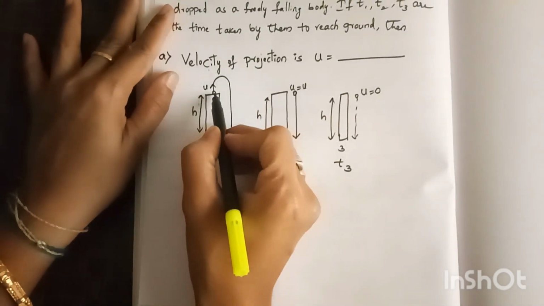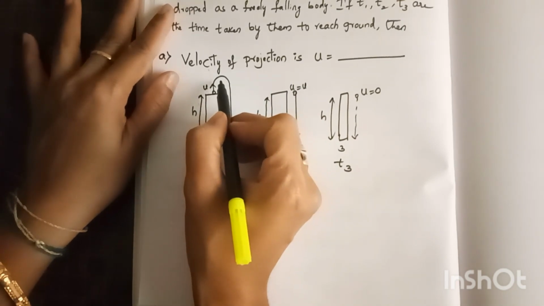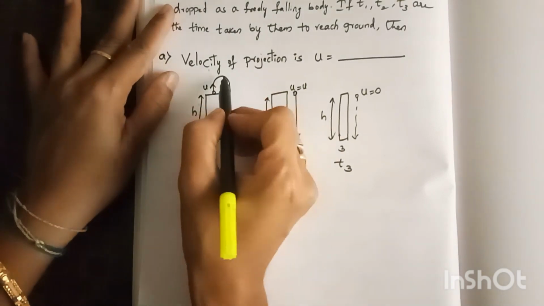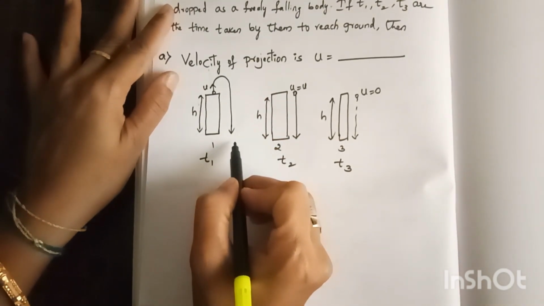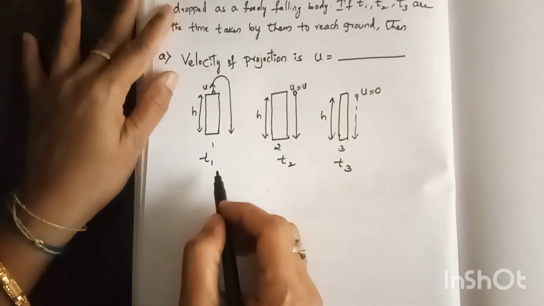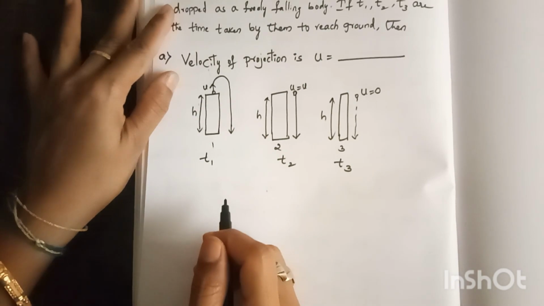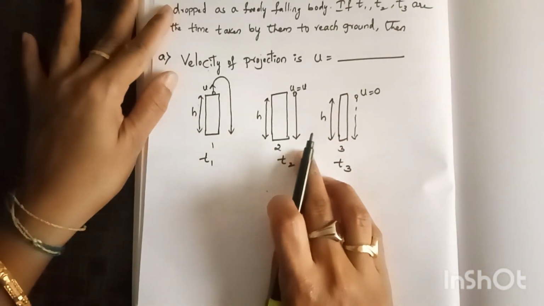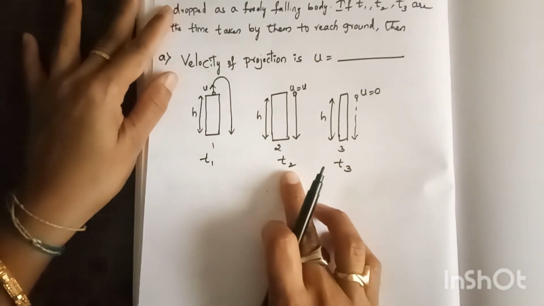A body projected vertically up from the top of the tower, which means upward motion, that is the time of ascent. After reaching the maximum height, it falls freely and reaches the ground, that is the time of descent. So the time taken by the first body equals the time of flight. But the time taken by the second body, we don't know, that is T2.